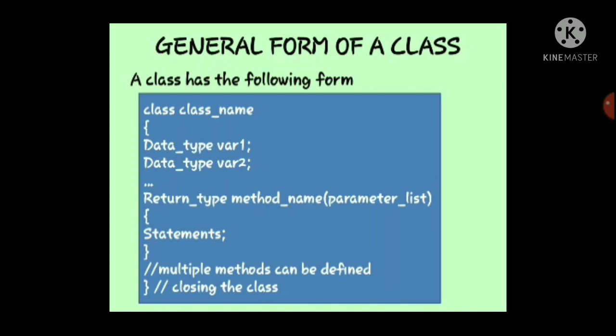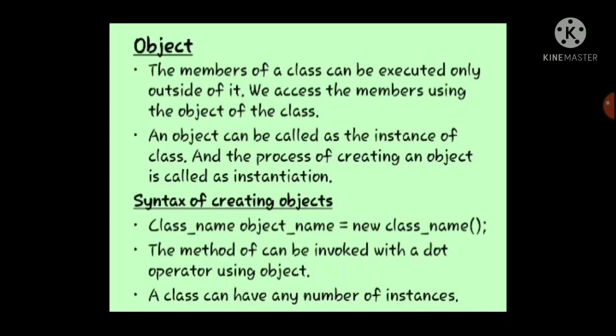The methods will have a return type followed by the method name followed by the parameter list within parenthesis. Followed by that in the next line we have a block, that is an opening brace and a closing brace. Inside that there would be the statements of the particular method. So like this, any number of methods can be inside a class, and finally we close a class. So this is the general form of a class, right?